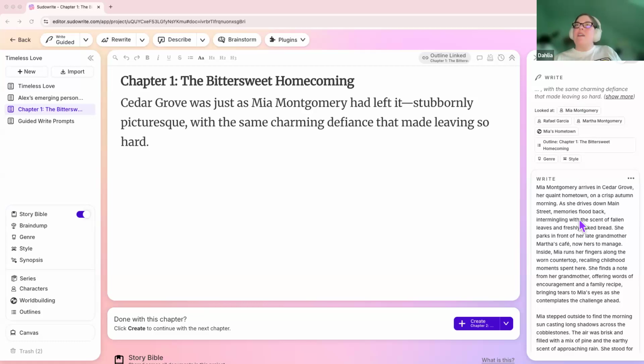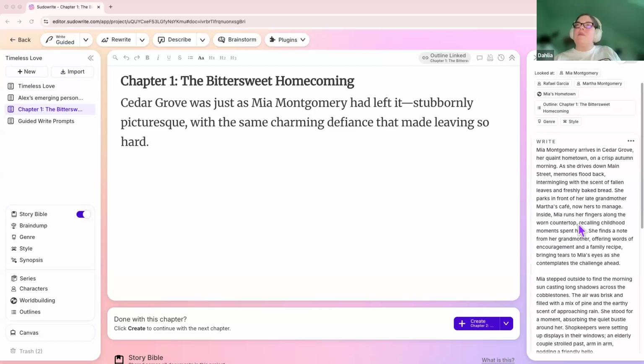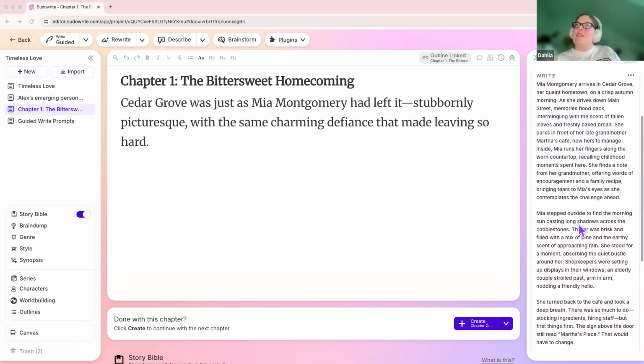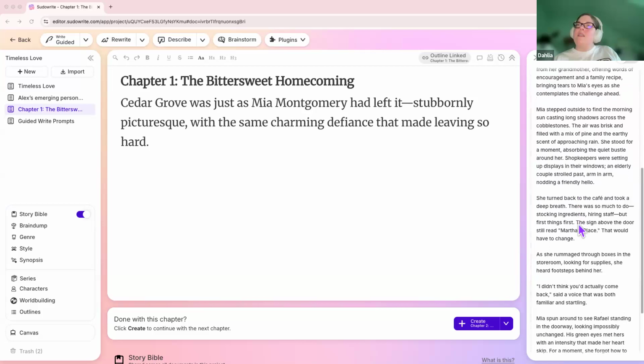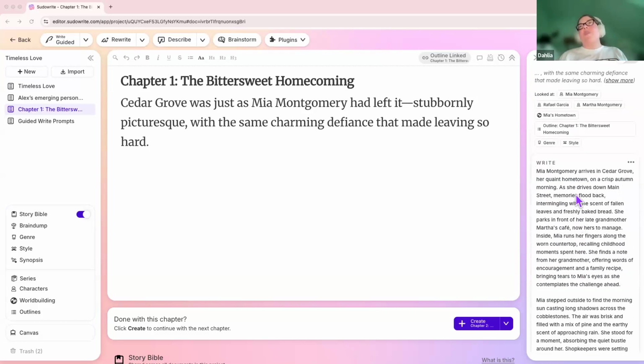Let's look at this. I have to say, I'm not quite impressed by the first sentence.